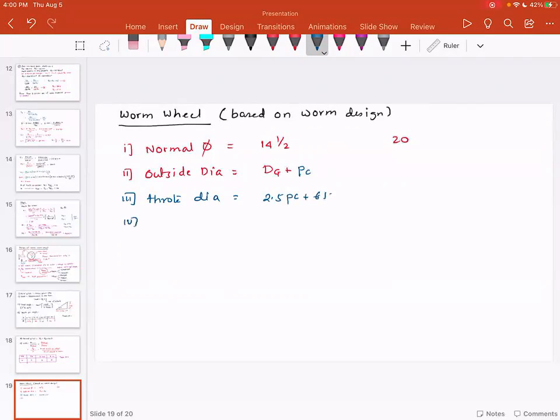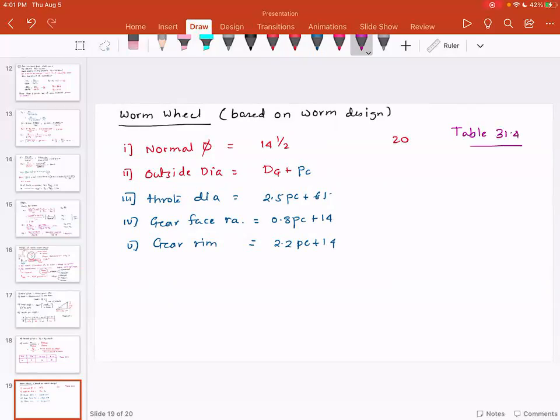Then you can have gear face radius, that is 0.8 PC plus 14. Gear rim, that is 2.2 PC plus 14. So please look at table 31.4, and then we can find out the answer.